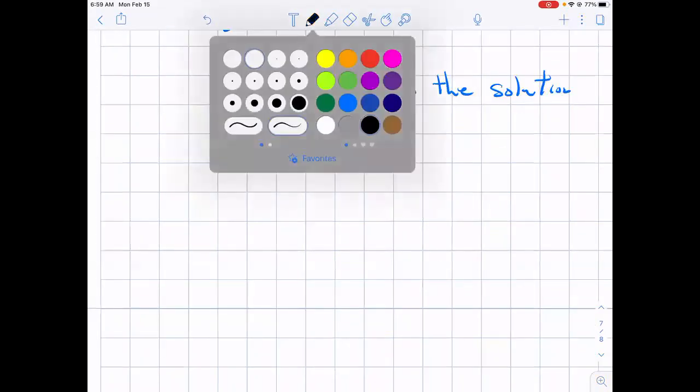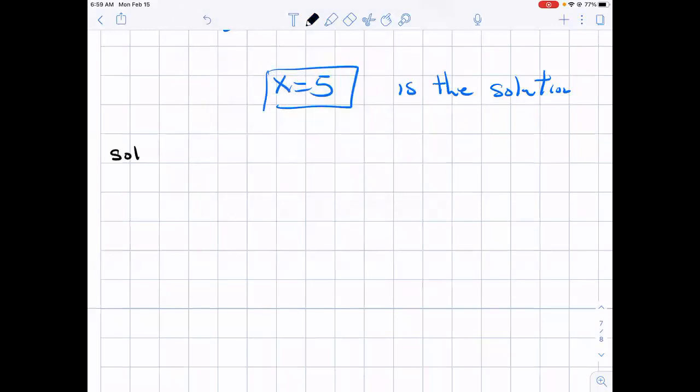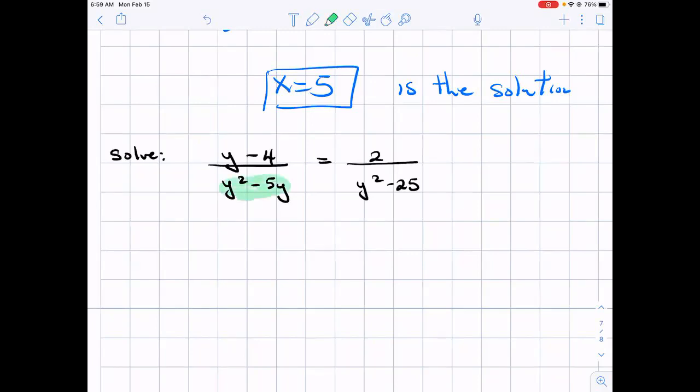If we look at another example, solve y minus 4 divided by y squared minus 5y, and that is equal to 2 over y squared minus 25. Notice that you can factor here and you can factor there.